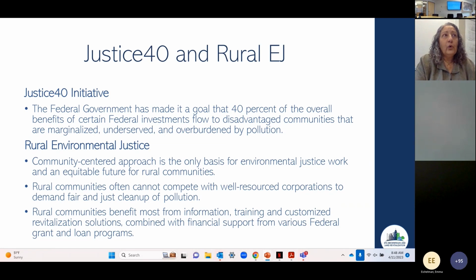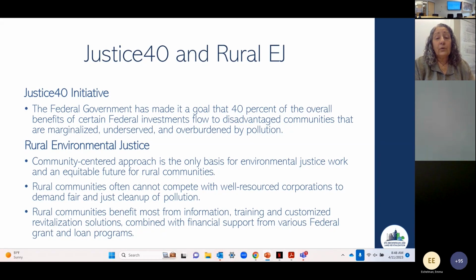For those who don't know, EPA has really focused in recent years on environmental justice, and the Justice 40 initiative has made it a goal from the federal government that 40% of investments flow to disadvantaged communities.